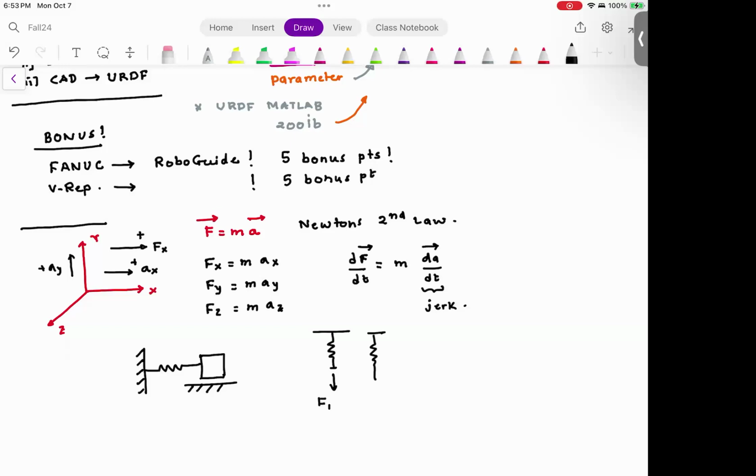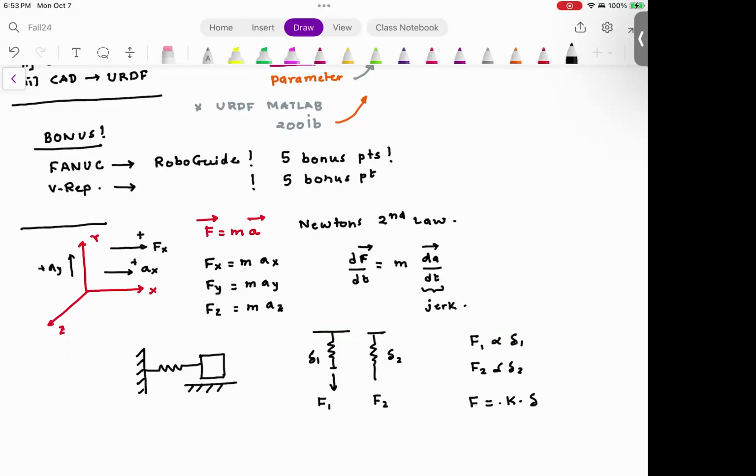So this is your F1, this is your F2, you have delta 1 and delta 2, and force F1 is proportional to delta 1. Force F2 is proportional to delta 2. In other words, the force has a constant factor multiplying the displacement.